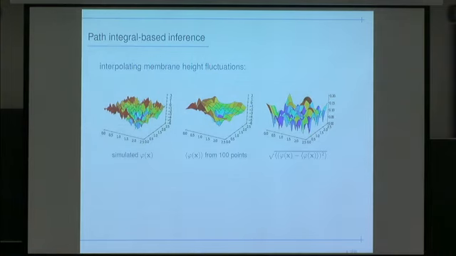And this is just one simulated example. So we just simulated using the Helfrich free energy, right? Drew samples of heights, and then sampled some of these. I forget how much, it's from 100 points. Only taking 100 points, sampling, and then interpolating the function.